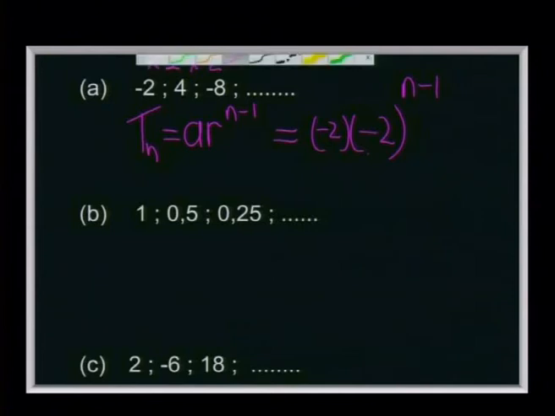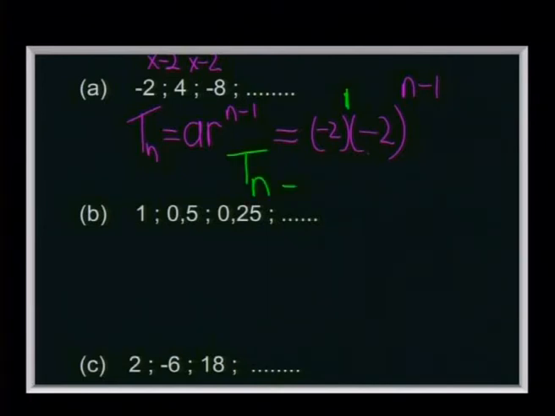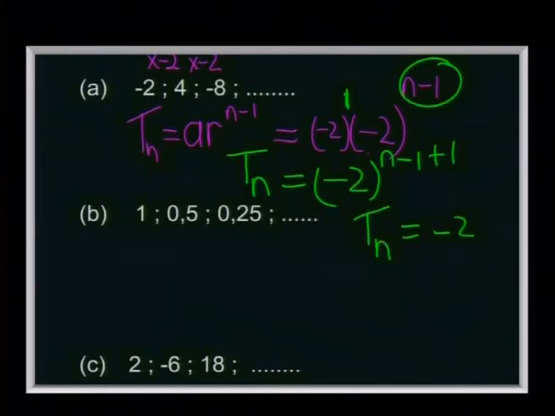Because these bases are exactly the same, according to my law of exponents, I can add the exponents. So this is negative 2 to the power n minus 1 plus 1. So actually the 1's cancel out. So this is a nice, elegant little simplification. It's negative 2 to the power n. And remember, you do need to have a bracket around that negative 2. That's very, very important.